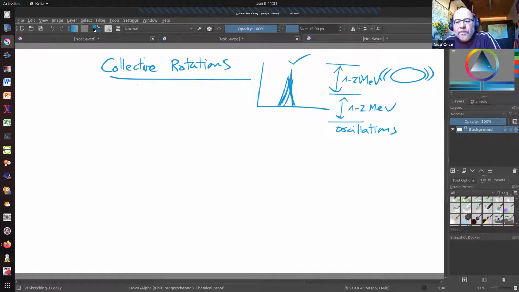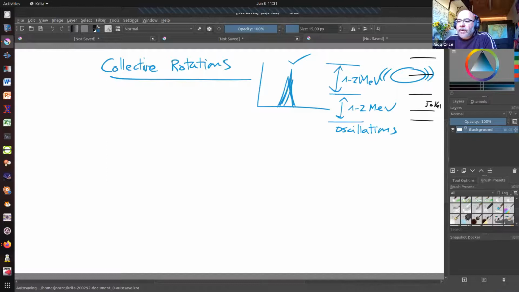So now, what happens in rotation? The nucleus takes less energy to rotate. So instead of 1 to 2 MeV, you may have a few keV. The nucleus will rotate with a particular pattern that we're going to investigate right now. But the energy of rotation is much less, around, let's say, 50 keV.